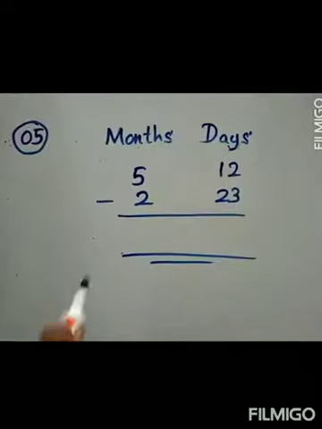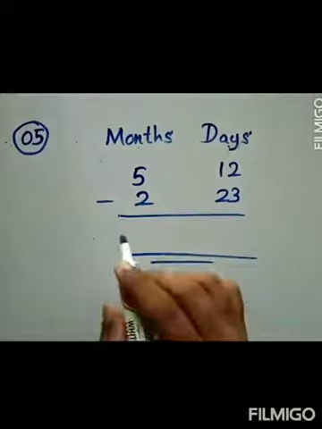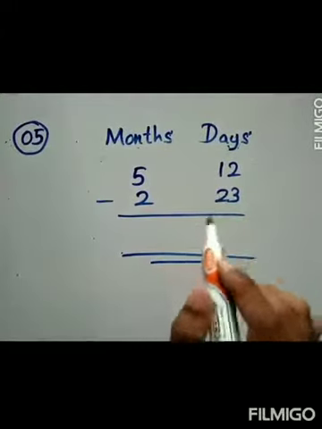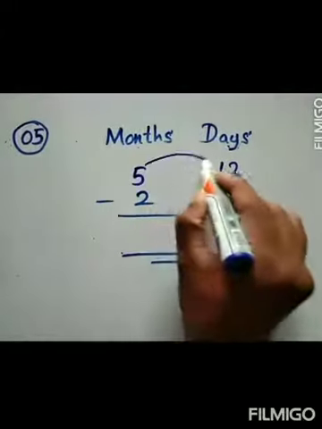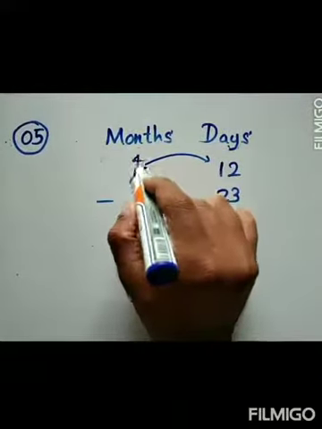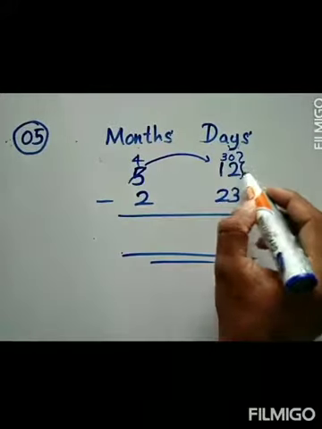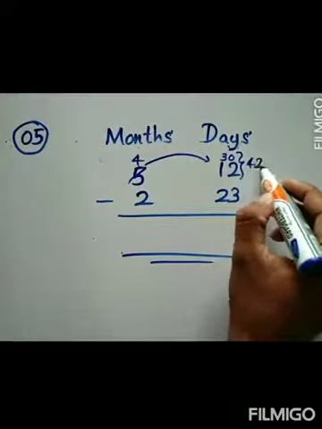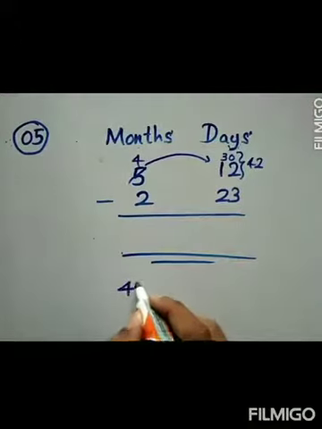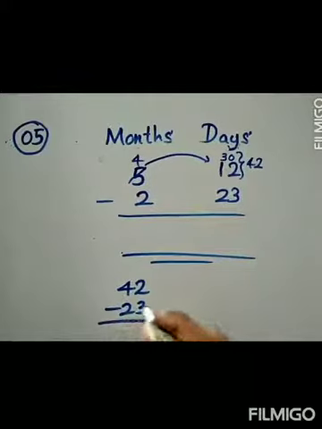The fifth question says subtract 2 months 23 days from 5 months 12 days. You can't subtract 23 from 12, so you have to take 1 month from this side. If you take 1 month from this side remains 4 months, then here you will get 30 days. Therefore altogether there are 42 days. If you subtract 23 from 42, then you will get this side.